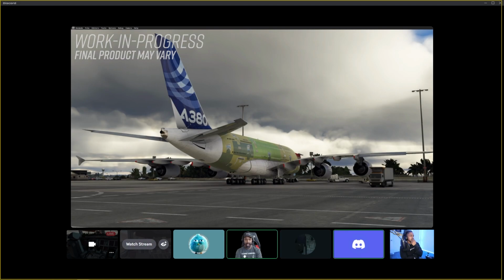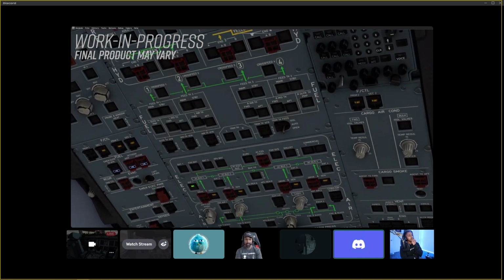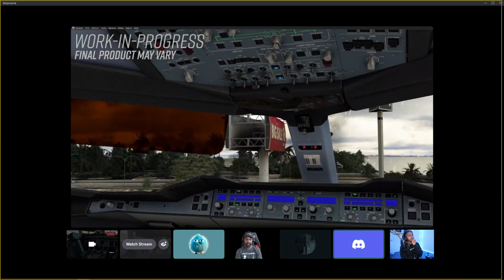Actually, if you kill the hydraulics in flight with the A320, if you kill the hydraulics for the aileron, for example, what you will see in other payware, you will see strange things, like they will go down like on the ground. So it's really strange.